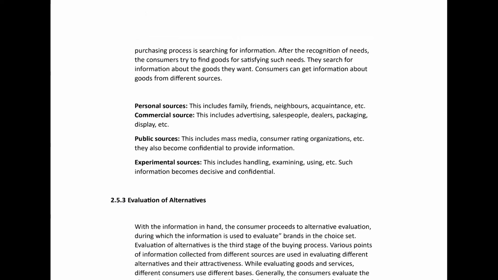The commercial sources would include advertising, salespeople, dealers, packages, display. Public sources would include the mass media, social media, consumer rating organizations. And the experimental sources would include handling and examining. So when they start handling or examining, that's the stage we are talking about, the information search stage.